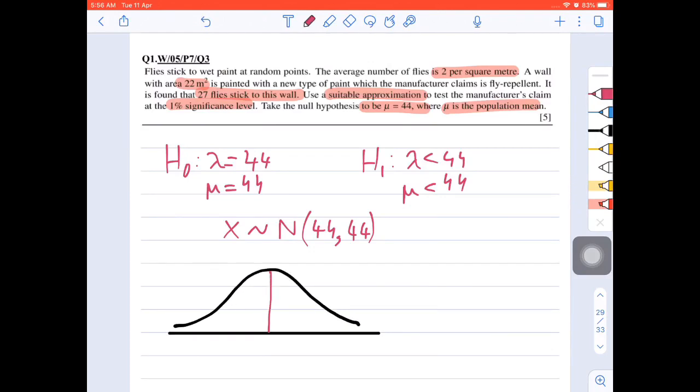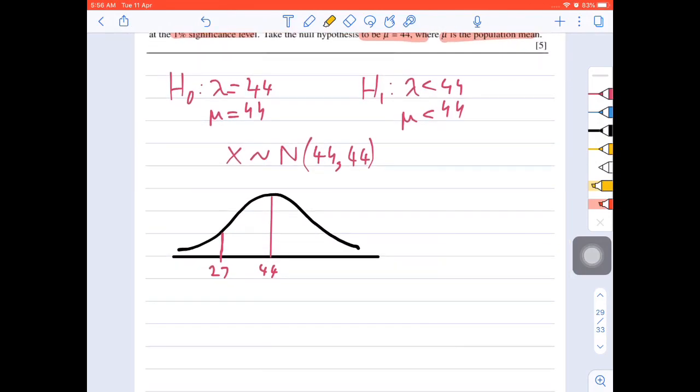The mean is 44 and we have to test for 27. So let's say 27 was over here. It's a lower tail test, right? So we need to see what is the probability before 27, right? So probability of x less than 27.